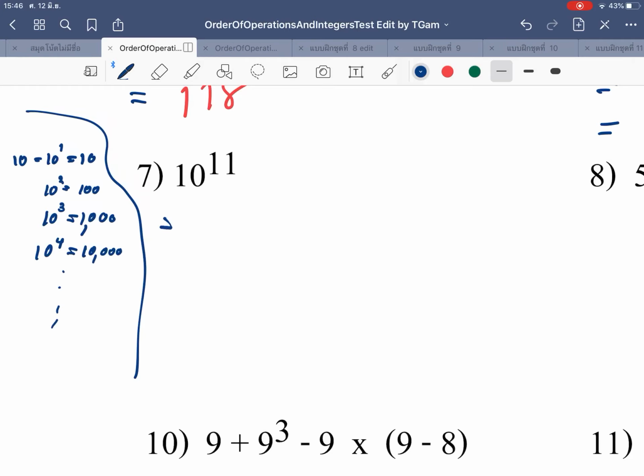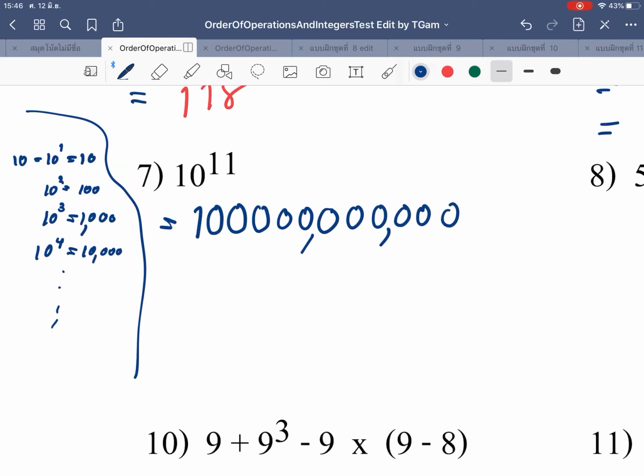So 10 raised to the power of 11 means the number 1 followed by 11 zeros. So 1 2 3 4 5 6 7 8 9 10 11. Such a big number, you can read it as 100,000 million.